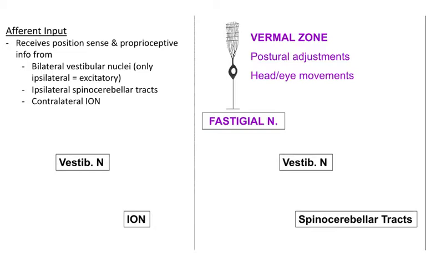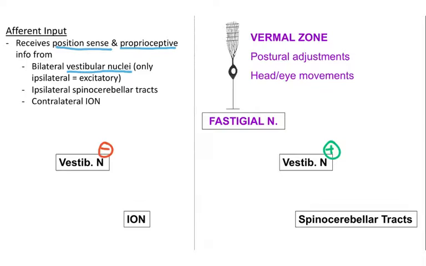So the vermal zone is going to receive information about the position of your body and proprioceptive input from the vestibular nuclei, and it's going to receive information from both vestibular nuclei, so it's going to be bilateral, except one is going to provide excitatory input on the ipsilateral side, whereas the contralateral side will provide inhibitory input.